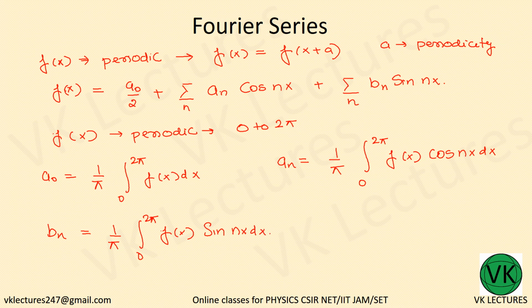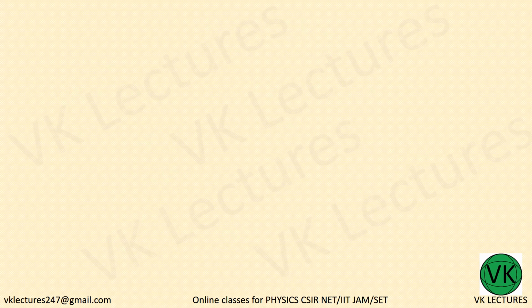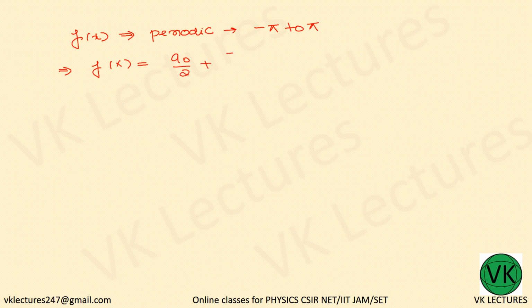Suppose the function f of x is periodic in the region minus pi to pi, then the function f of x can be written as a naught by 2 plus sum over n an cos nx plus sum over n bn sin nx.